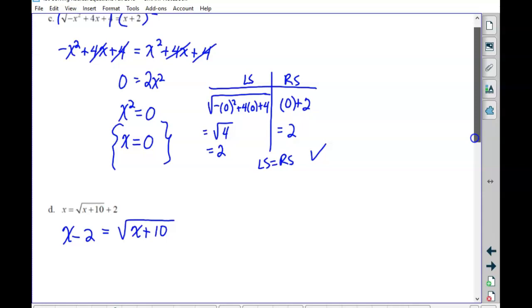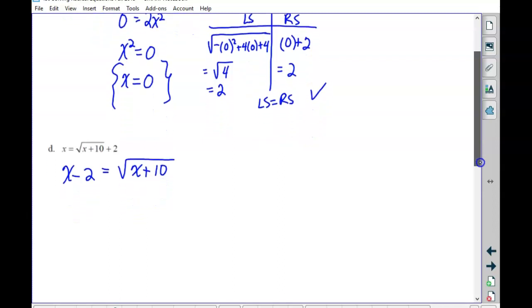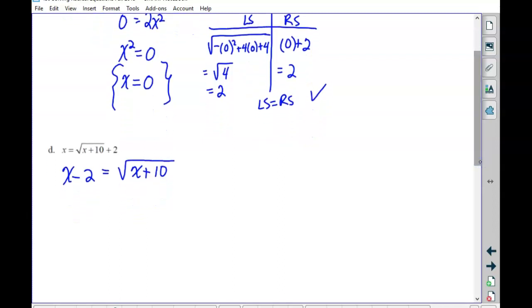When we get our solution, we know that x has to be greater than negative 10, right? You can't take a root of a negative. So you could look at that. Again, the way I do it, I just verify, okay? It's easier as long as you do your math correctly. So we're going to square both sides.